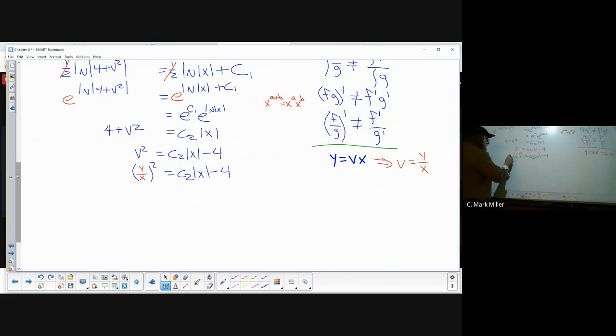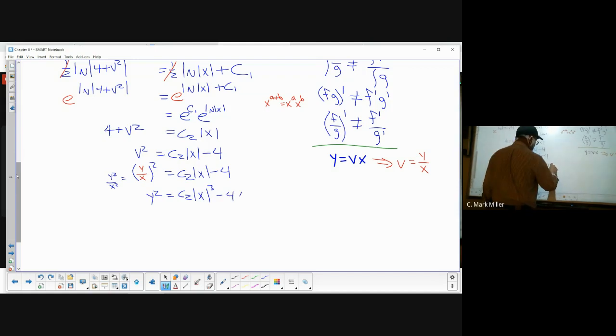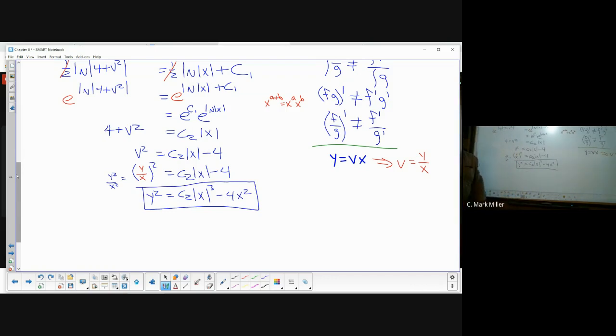This right here equals y squared divided by x squared, right? Multiply through by x squared, clear the denominators, you get y squared is C2 absolute value of x cubed minus 4x squared. And there, here's your answer. You can take the square root of both sides or not. If you took the square root of both sides, you'd have to put plus or minus. You can leave it like that. Actually, a little more correct, I would say just to get rid of that 2 altogether, just put a constant there.